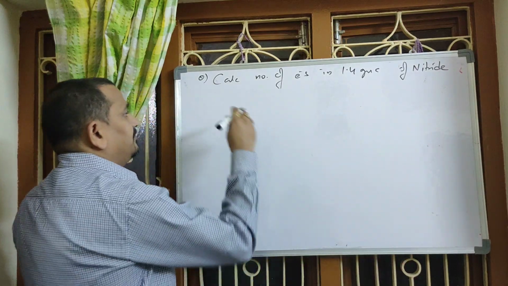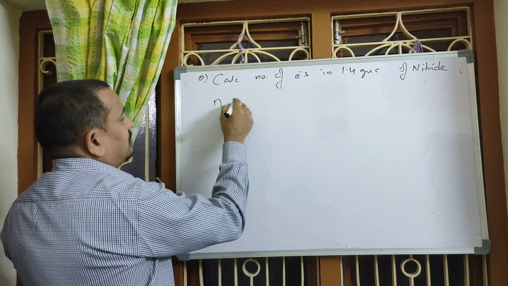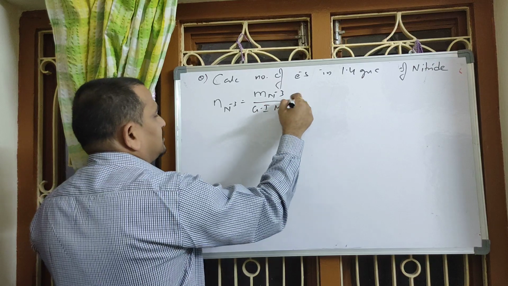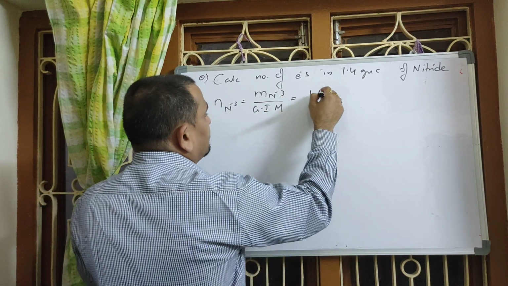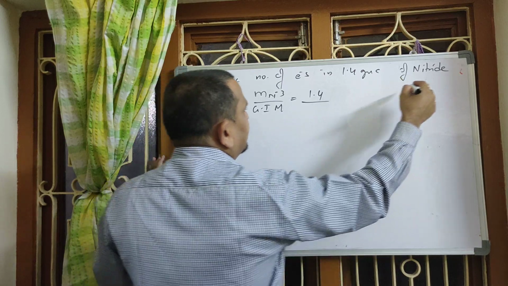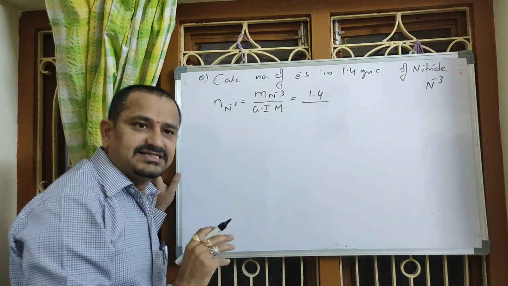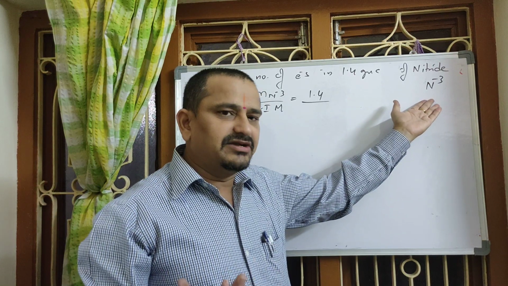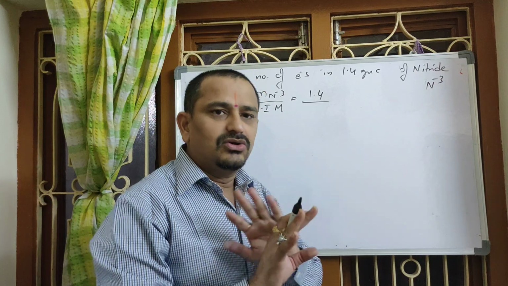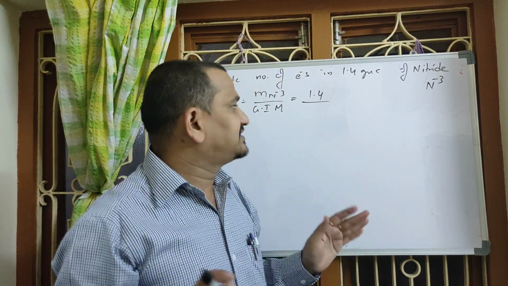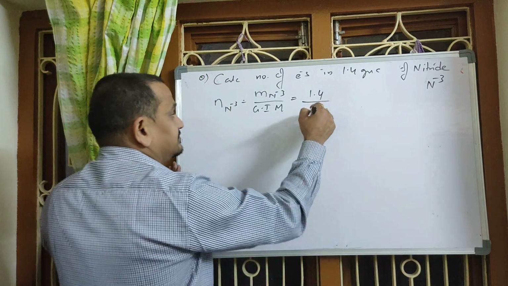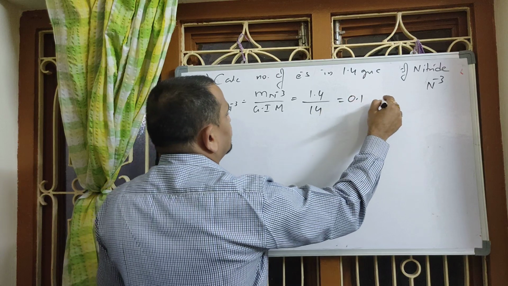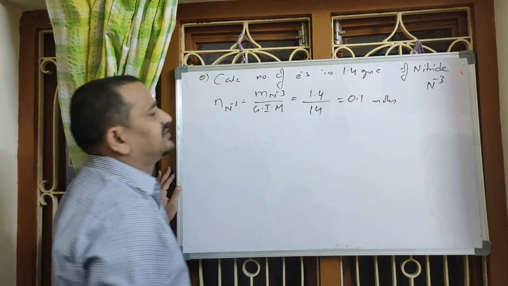We have to get the value. Number of moles of nitride ion equals mass of nitride ion by gram ionic mass. The mass of nitride ion given is 1.4, by what is the gram ionic mass of nitride? Nitride means N power minus 3. What is the atomic mass of nitrogen? 14. It's nothing but protons plus neutrons. There is no deal with electrons in the mass number. So it is 14. Yes, 1.4 by 14 equals 0.1 mole. So 0.1 mole is given in the question.